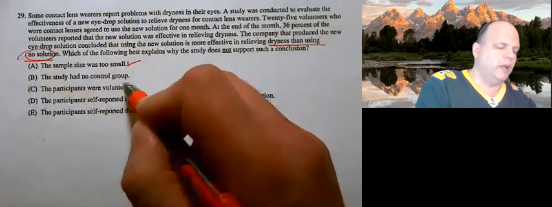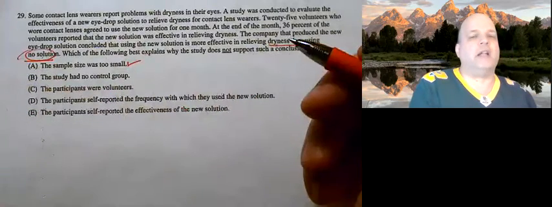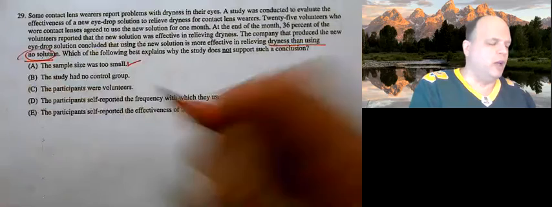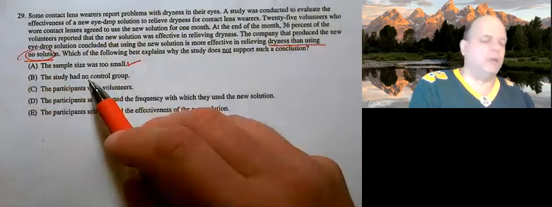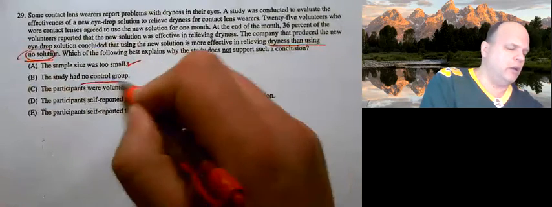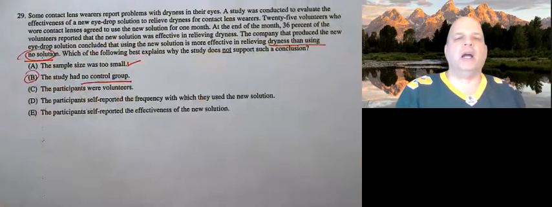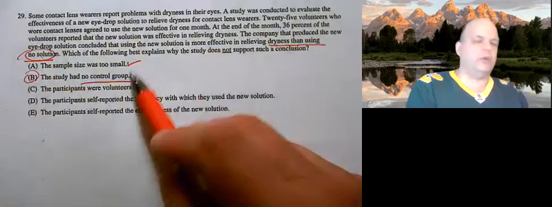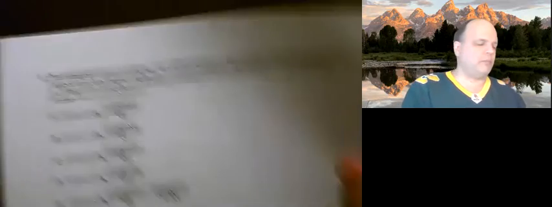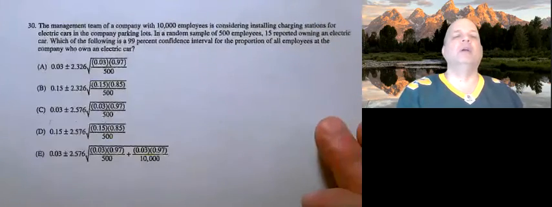To be a valid experiment, I need 2 treatments. In this case, I only had 1 treatment, so I had no control group. This was not an experiment. I cannot make that claim. Okay, so that is a better choice than the fact that it was too small. It was wrong from the get-go.